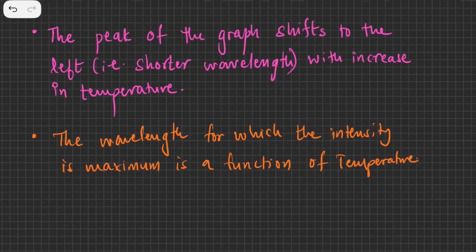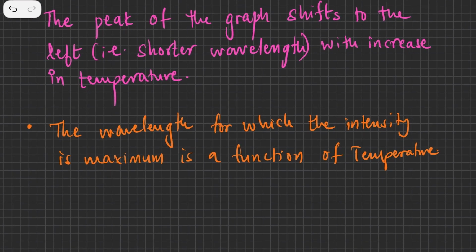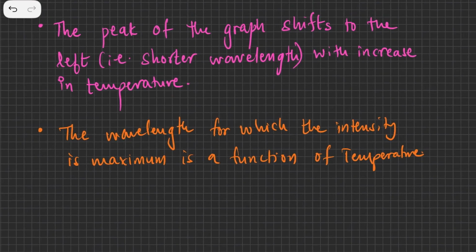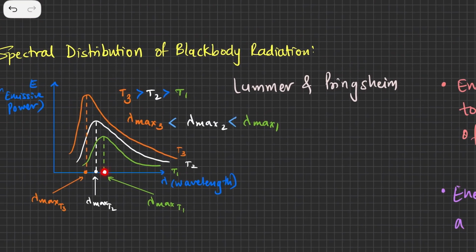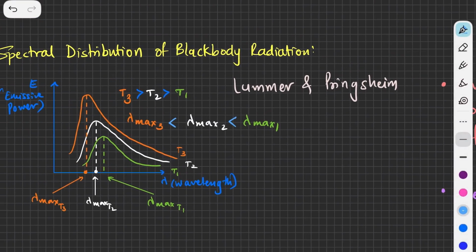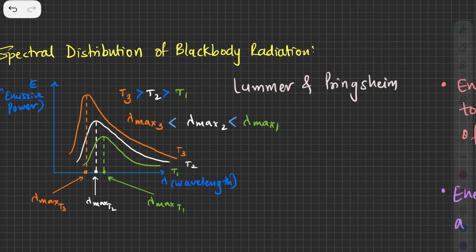And the last observation was the wavelength for which the intensity is maximum is a function of temperature. As we keep on moving toward the higher temperatures, the wavelength is shifting. That means wavelength is a function of temperature.